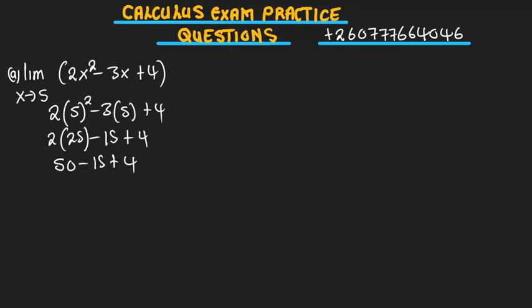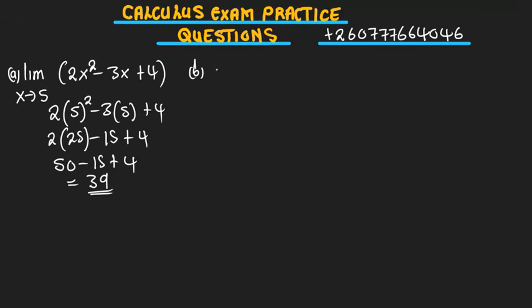Then all you have to do is go directly, and you'll get your answer, which is 39. That is basically how you solve the first question, whenever a question is given to you that way.